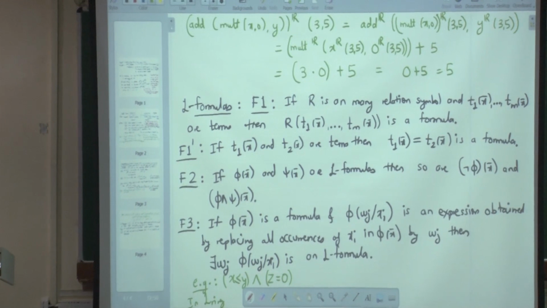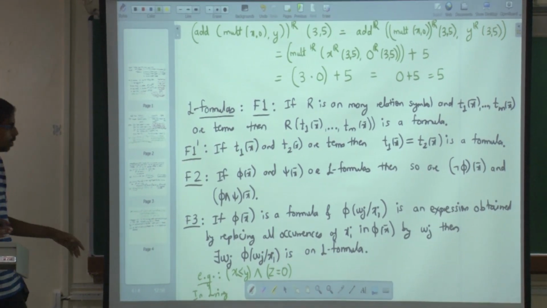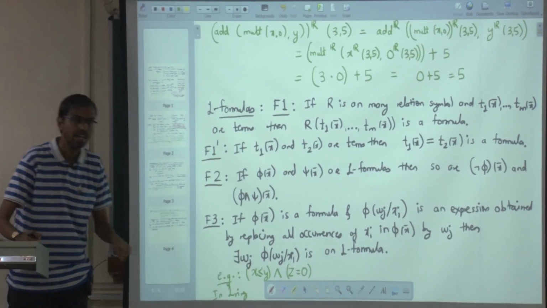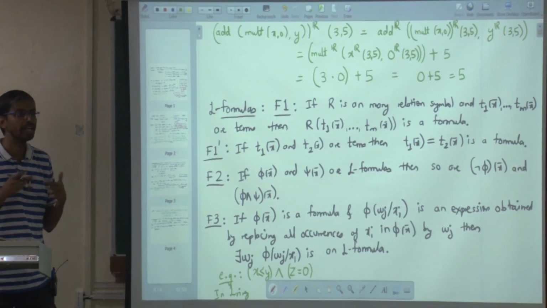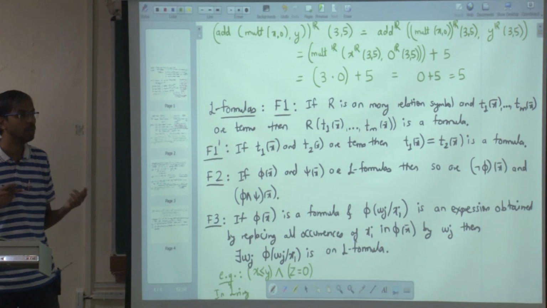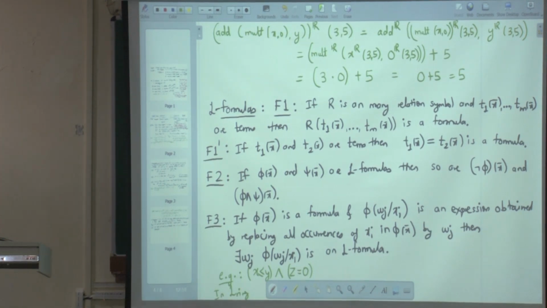And now I say that I want to make y a bound variable. So I replace y by w. So what is the expression that I obtain? Well, I will get x less equal w conjunction z equal to 0. Now this is just an expression. Right now this is not a formula.